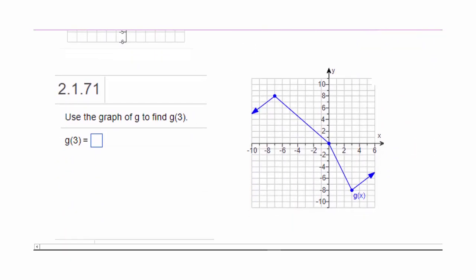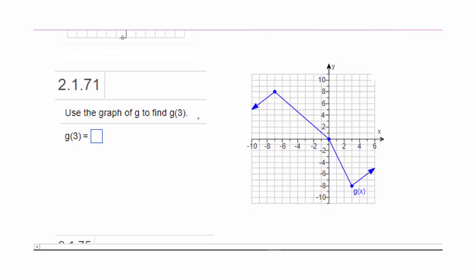All right, let's look at this one. g of 3. Okay, what is g of 3 equal is the same as asking when x, this is always your x, inside the parentheses, and the y is the whole thing. Our x is 3, we're looking for our y, our g of x. Okay, g of x is just y. It's another notation for y.